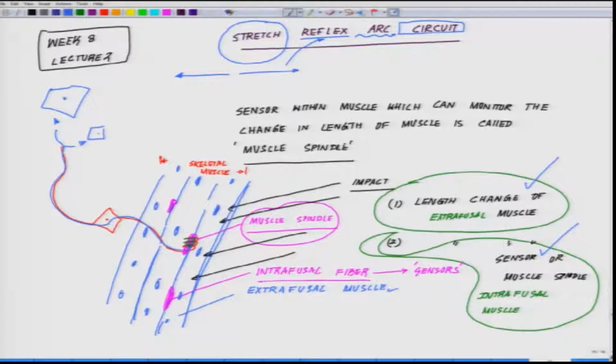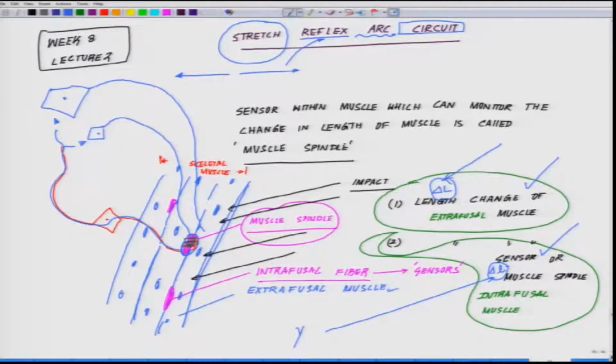One is a small one, which is the gamma motor neuron. The gamma motor neuron brings a signal telling the spindle to regain its size, whereas the alpha comes to the surrounding extrafusal muscle and asks it to change in length. So any delta L change here or any delta small l change here, this one is taken care of by gamma, this one is taken care of by alpha.